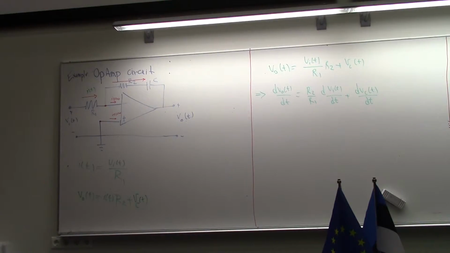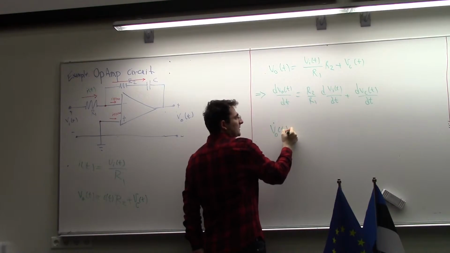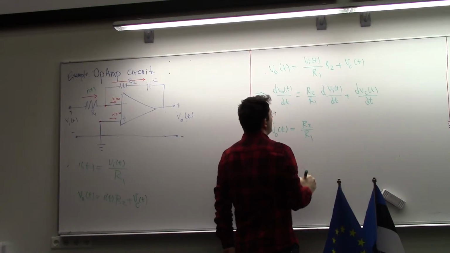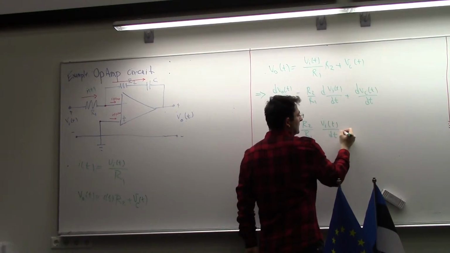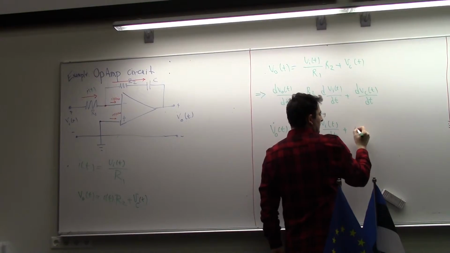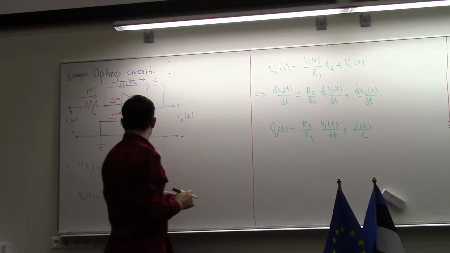dV_C over dt, what is this? It is I_C, the same current passing through, so it's I(t) divided by C. So V_o dot is equal to R2 over R1 V_i dot plus I(t) over C. But what is I(t)?